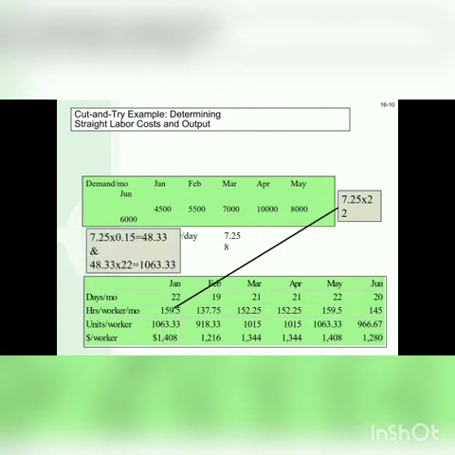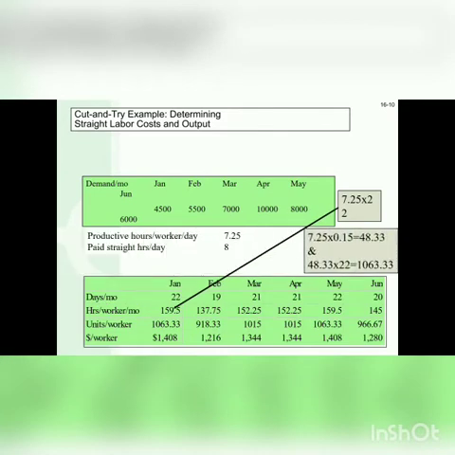So here you can see, if 7.25 hours are available in a day, how many products can be produced? That is equal to 48.33. In a day, a worker can produce 48.33 units, and in 22 days, 48.33 into 22 is equal to 1063.33.